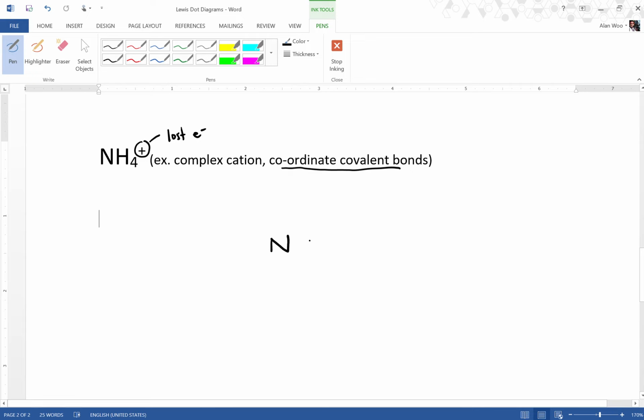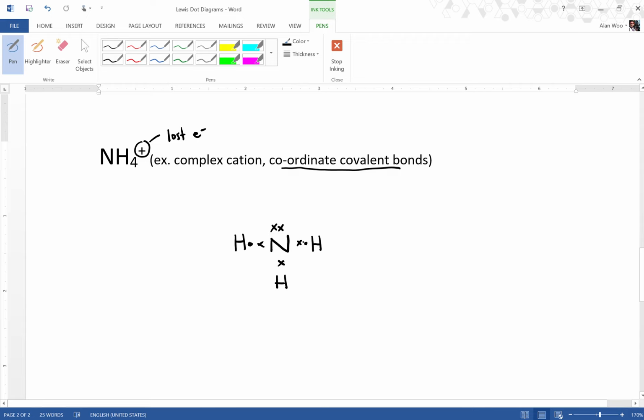So let me show you how to start this. You're going to start with the atom in least amount in the center, which is nitrogen. Nitrogen has 1, 2, 3, 4, 5 electrons. We have 4 hydrogens. So I can put a hydrogen here, here, and here.